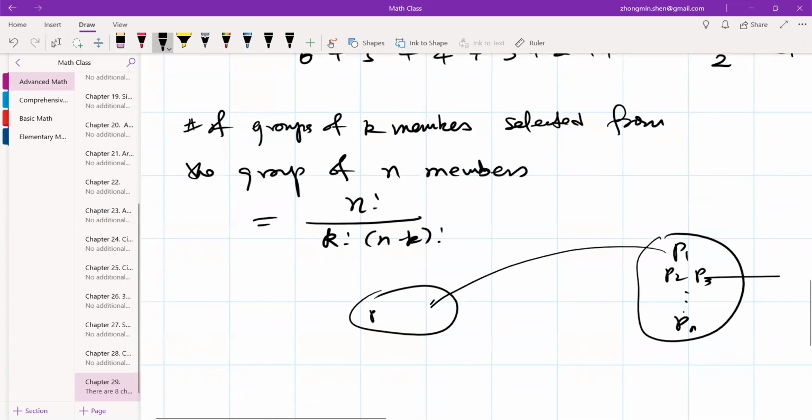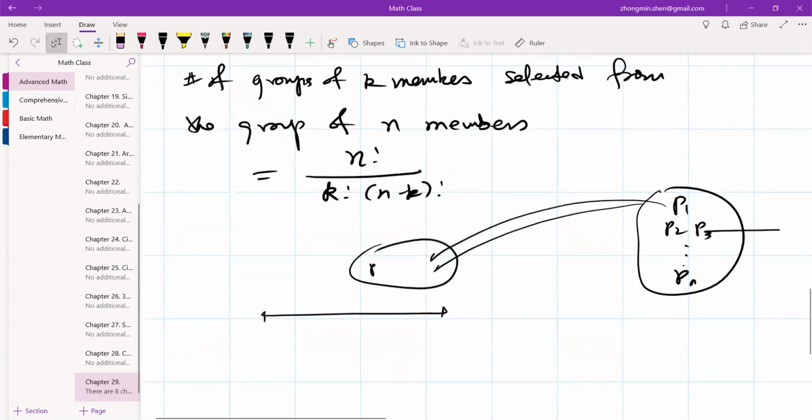First of all, you put them in a row, then you need to select k members. For the first one, you have n choices because there are n members in the group. How many choices in the first step? N choices. For the second one, you have n minus 1 choices because 1 is already selected.